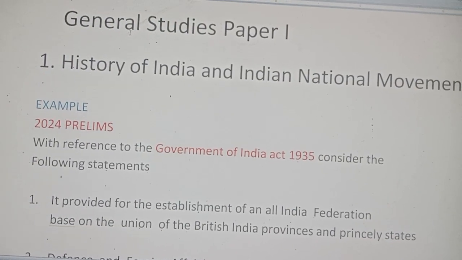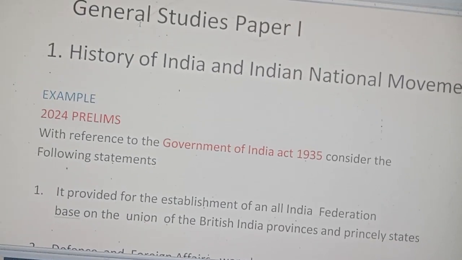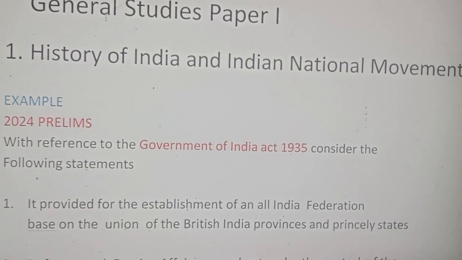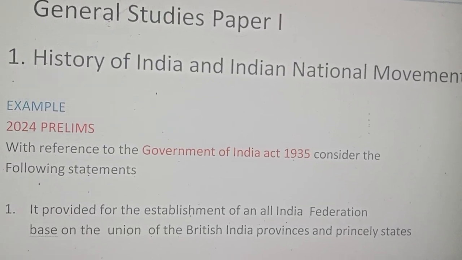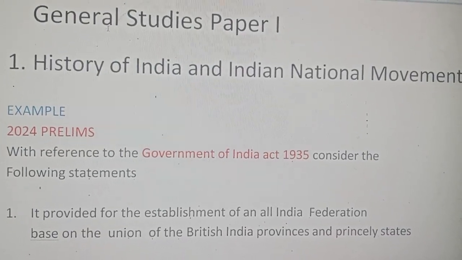It provided for the establishment of an All India Federation, including the union of British India provinces and the princely states.